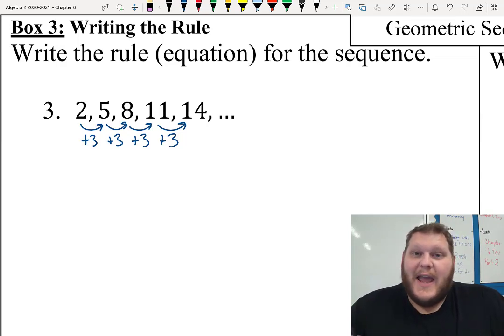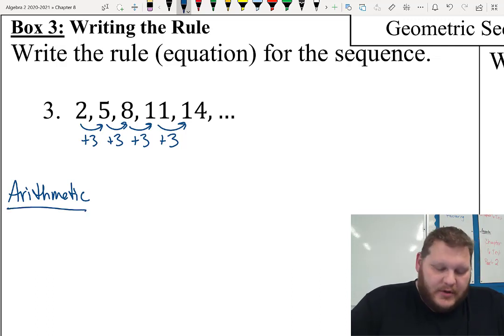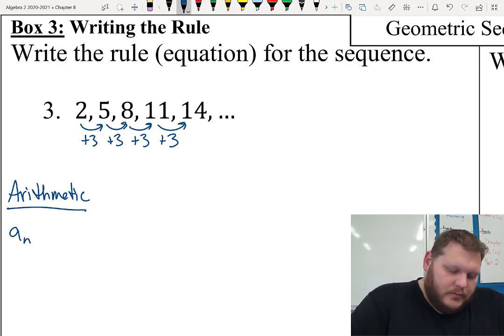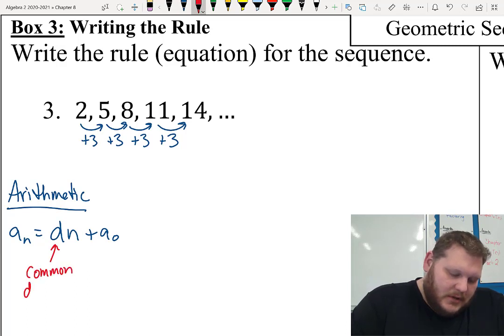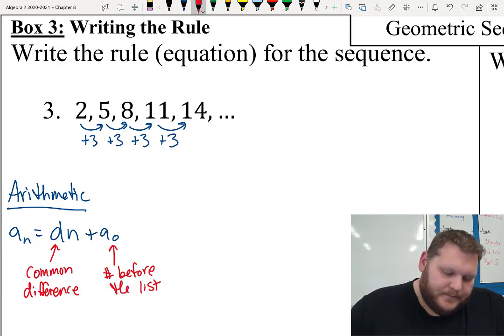So since we're adding or subtracting, that was always my arithmetic sequence. And the equation for that, which again we'll review in 8.2, is a sub n equals dn plus a sub 0, where d is your common difference, and a sub 0 is the number before the list starts.